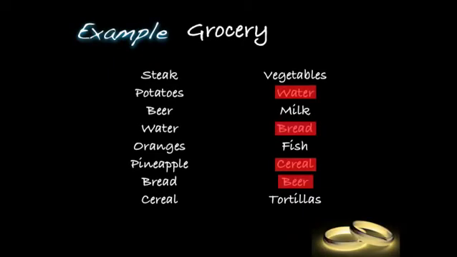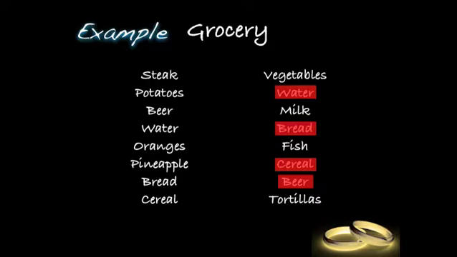Water, bread, cereal, and beer were listed on both grocery lists. So what we do then is we simply remove one set of water, one bread, one cereal, one beer request. Notice that we're still going to buy water, bread, cereal, and beer. We're just not going to purchase it twice.